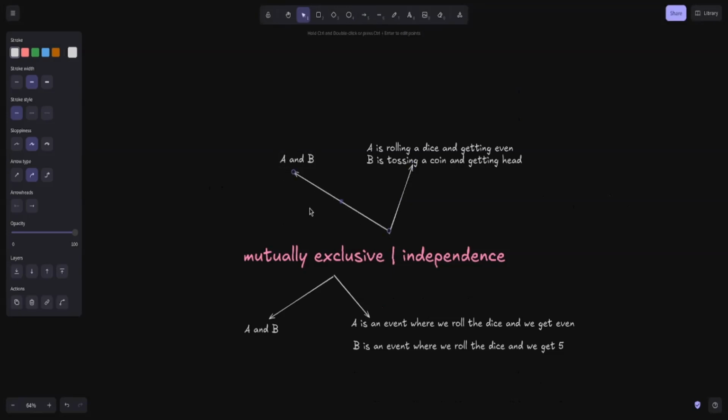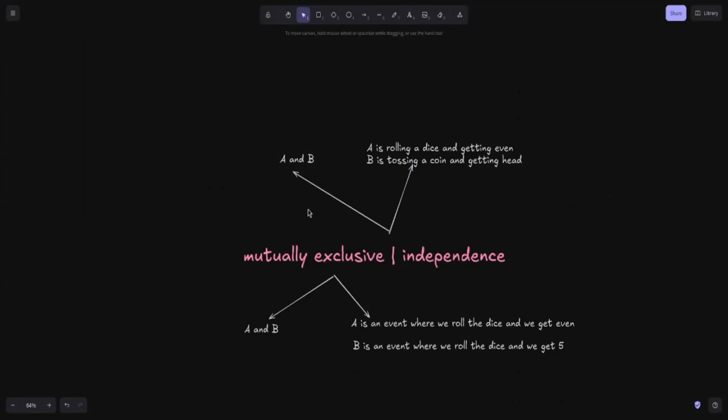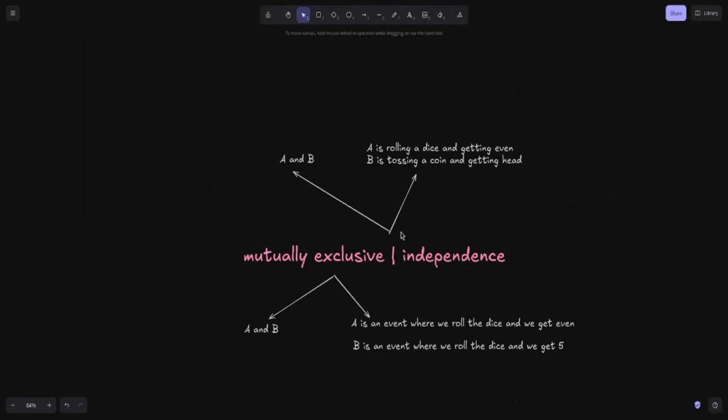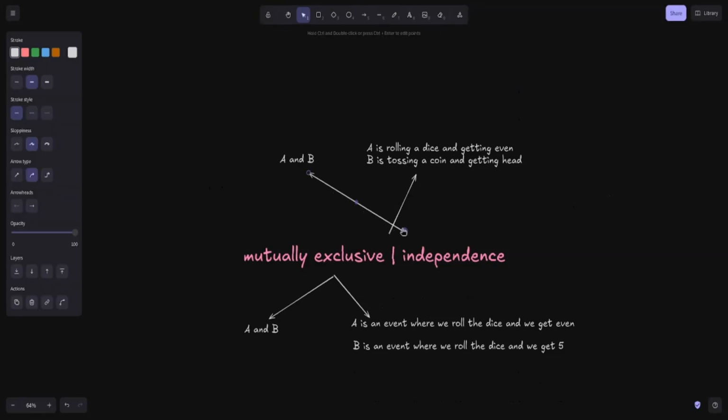So if we have an event A and an event B, in no way can A change the result of B. If I'm rolling a dice or tossing a coin, my coin toss does not depend on my rolling of dice. So that is basically independence.